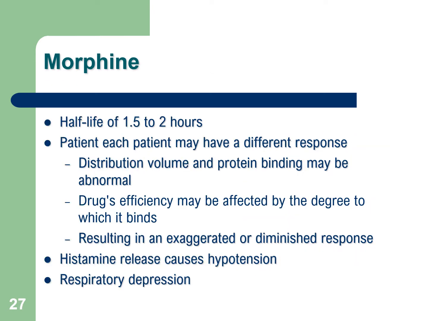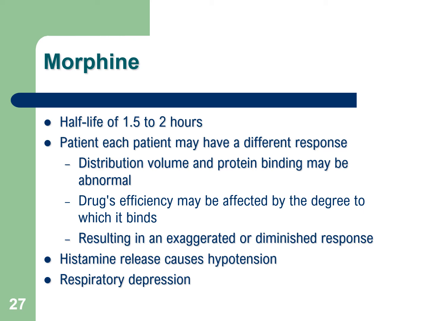I wanted to go into a little bit more detail about morphine. The normal half-life of morphine is anywhere from 1.5 to 2 hours, but each patient's response to morphine may differ. And the reason for this difference is the protein binding qualities of each person. Some drugs will act more exaggerated on some patients, where some patients may feel a less response.